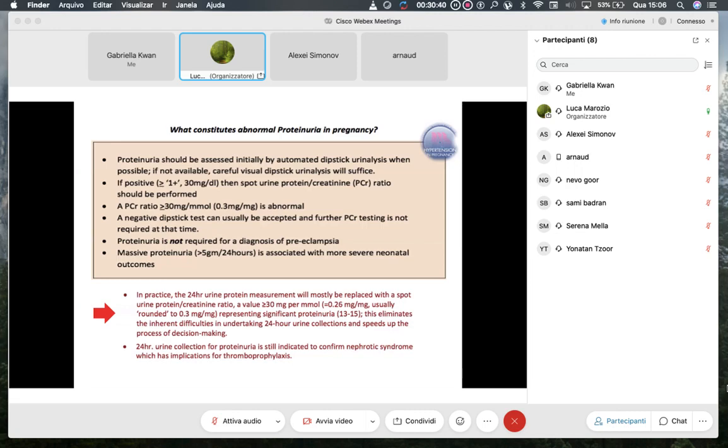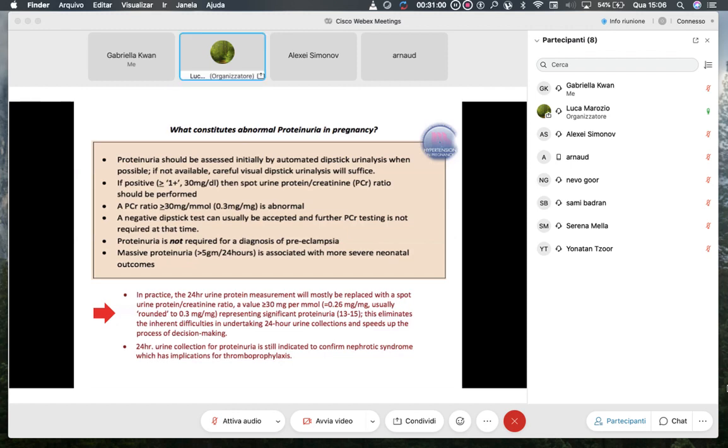For an automatic system, you need to have a device to check the dipstick. Visual dipstick is possible, but less reliable.